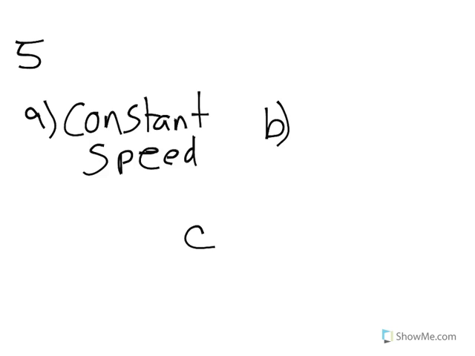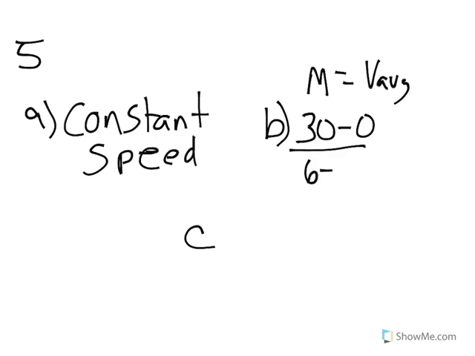The second question says what is the slope? What was the average speed? Remember, average speed on a graph like this, V average, is the slope in this particular case, because it's just a straight line. So we would pick 2 points, which would be 0, 0, and 30 and 6. So you would do 30 minus 0 over 6 minus 0, and you would get 5 meters per second.